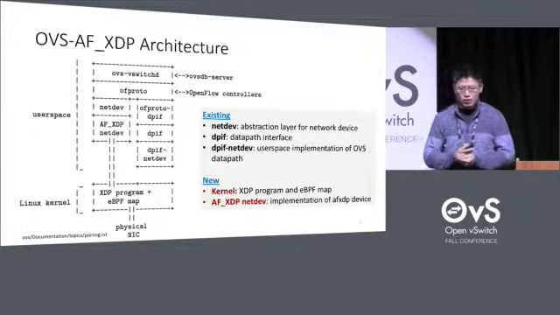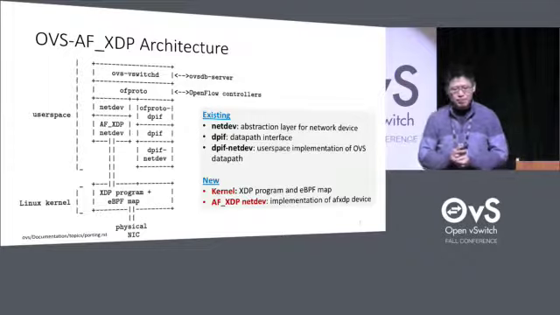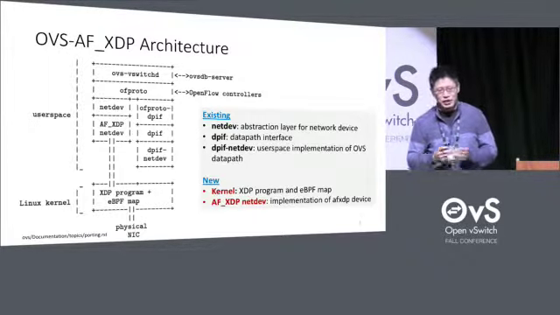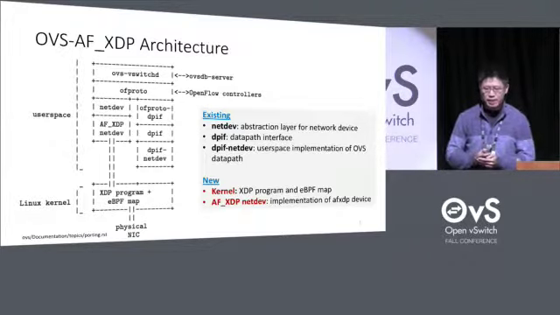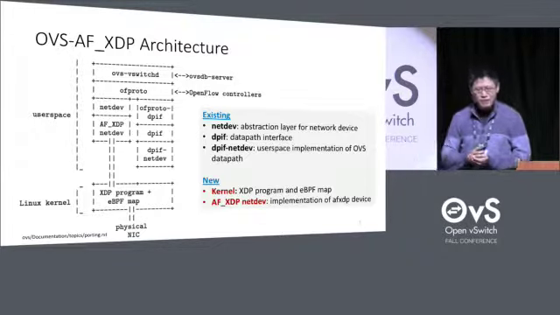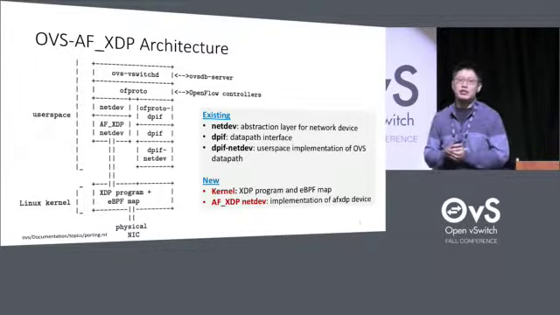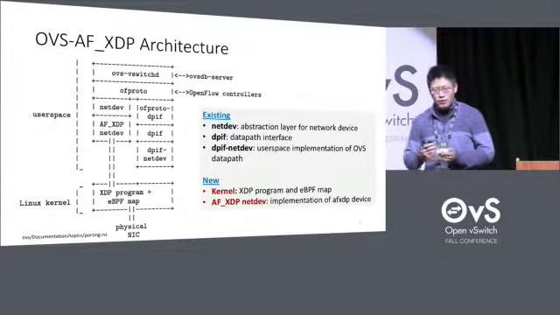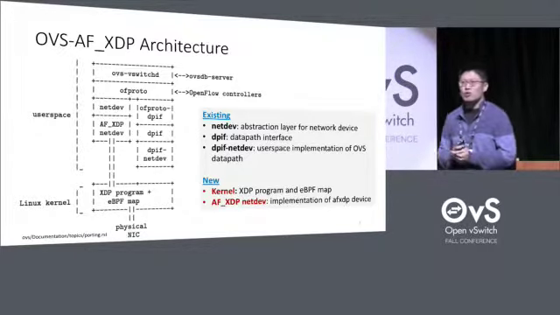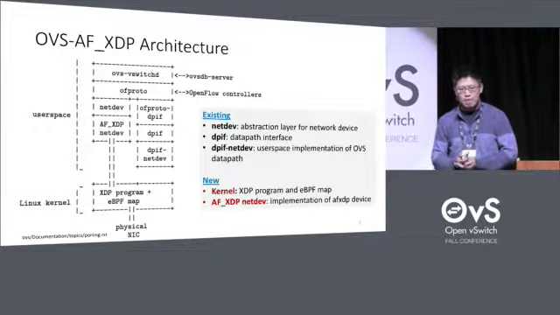So this is the OVS architecture. We have a netdev layer, which is an abstraction layer for the network device. We have dpif, which stands for Data Path Interface, and we have dpif-netdev, which is the user space implementation of the OVS datapath, and it's also the same code used by OVS DPDK.